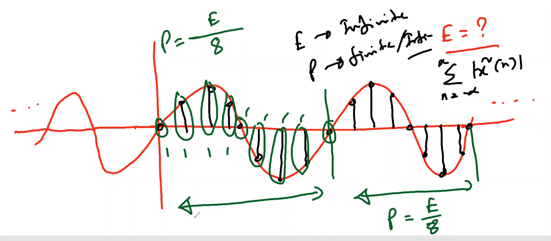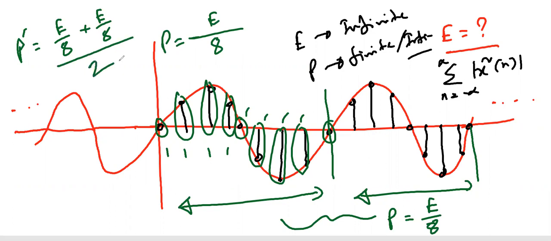Combined for two cycles, what is the power? P prime is equal to E divided by 8 plus E divided by 8, divided by 2, because you have a total of 2. Okay, number of samples. So you can find that you are averaging all the time.